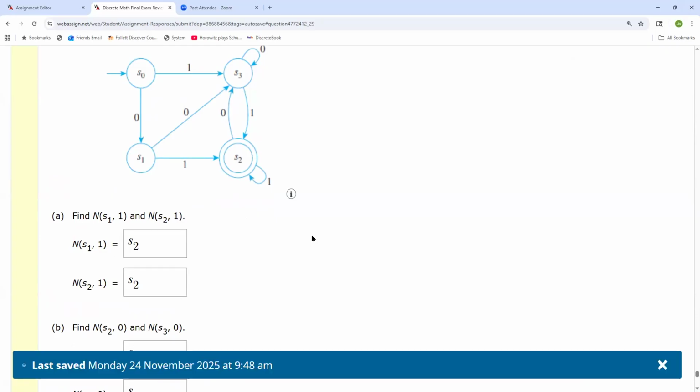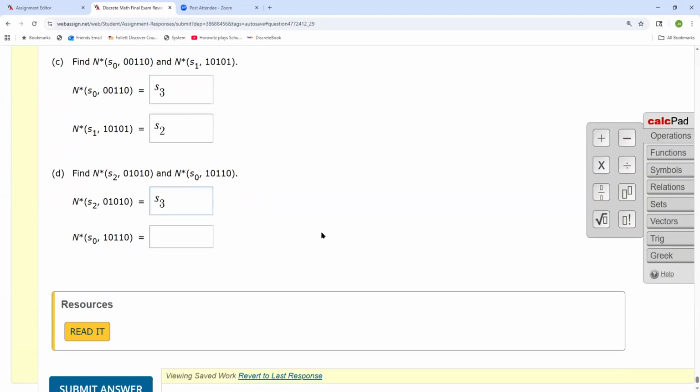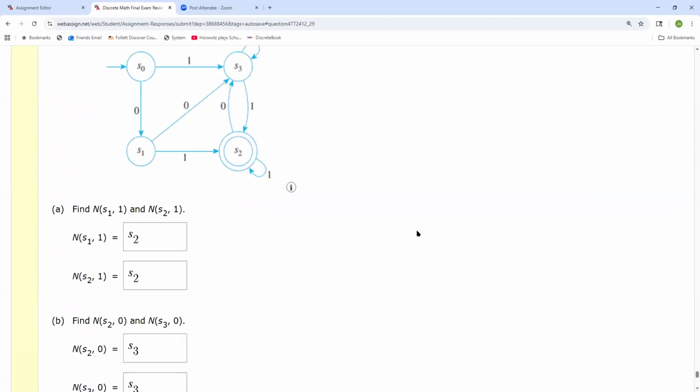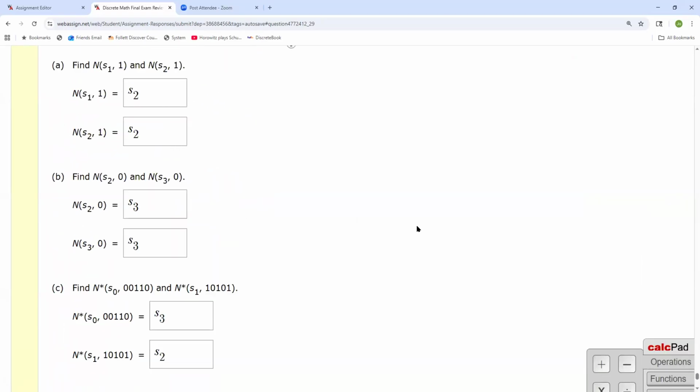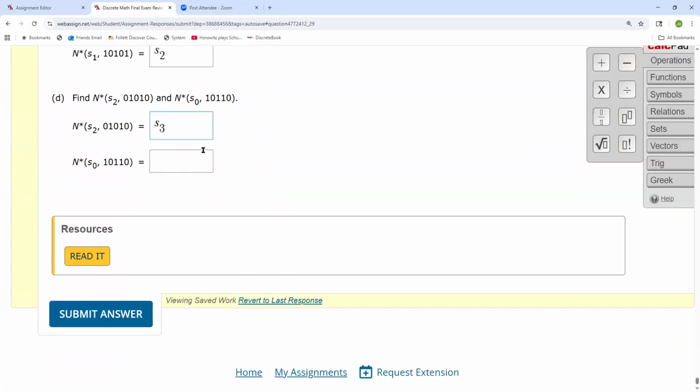Start here and go 1, 0. I forgot what it said next. We're supposed to do 10110. So stay at 0 and then 1, 0, 1, 1, and then 0. We'd end up with state 3, right? So the output of the final state would be state 3.